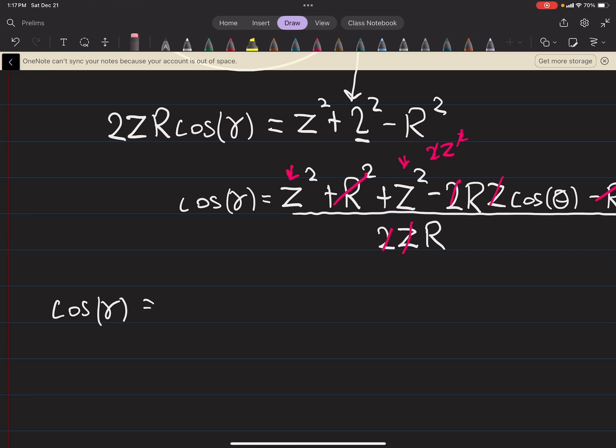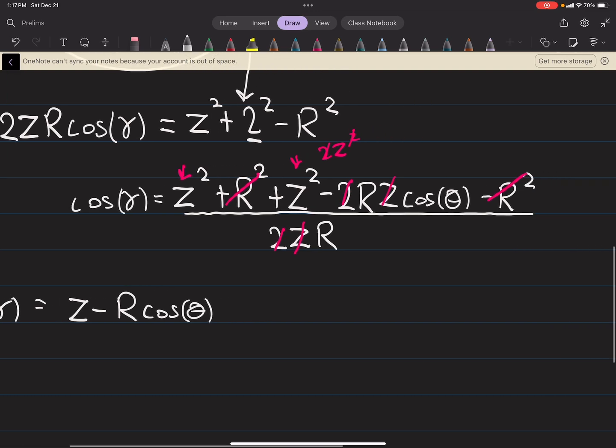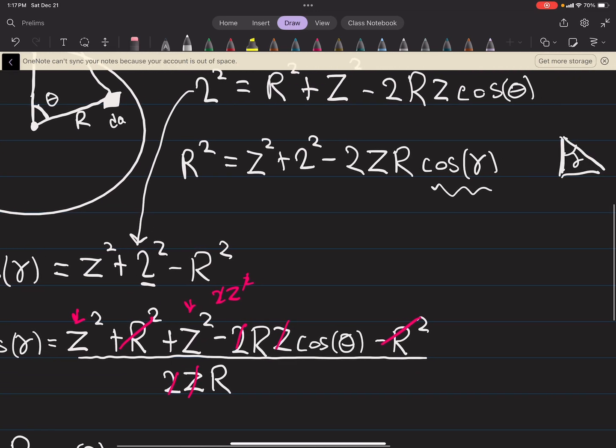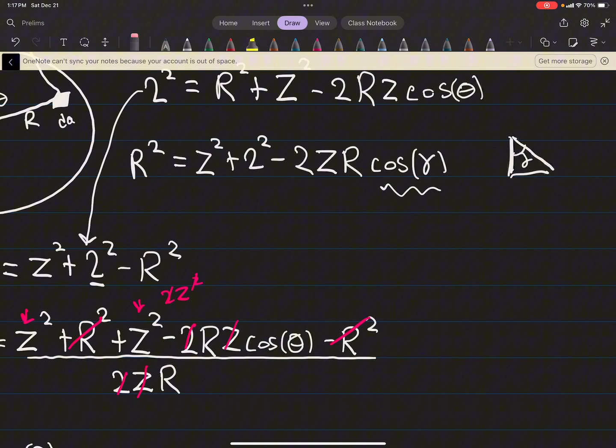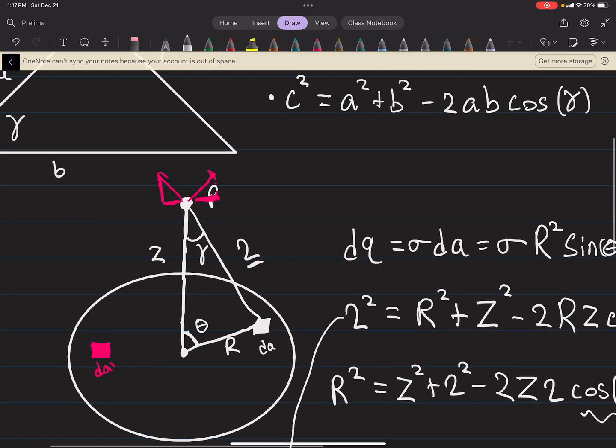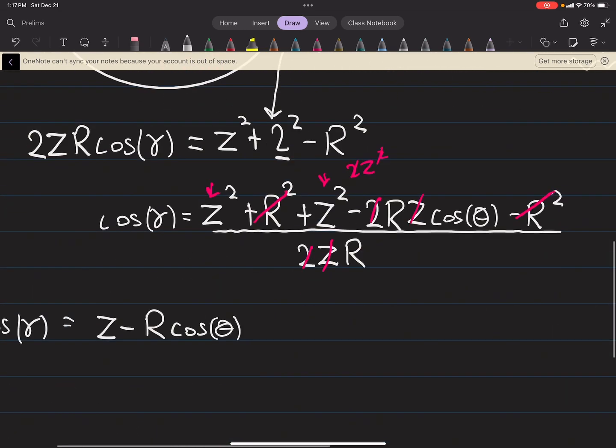Well, we have a power of just z now in the numerator minus r cosine theta divided by... so this actually needs to be not that r, it needs to be script r, because that's what our law of cosines is. So that is my fault.